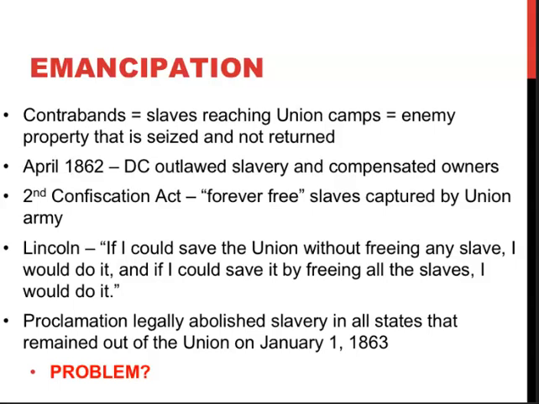But the problem with that is Lincoln, the president of the Union, was telling the Confederate States of America what to do. It would be as if Canada's president told America what to do. The Confederate States of America did not listen. And so ultimately, no slaves were really freed on January 1st, 1863.